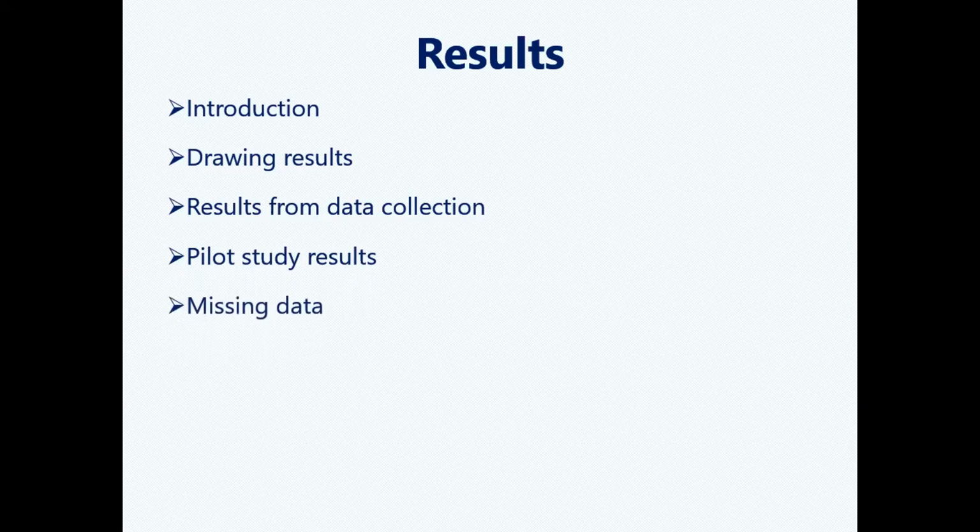Now what is missing data? Missing data is when you go for data analysis and sometimes you are not able to get your triplicate data. You just have two data values and you are not able to report the third.